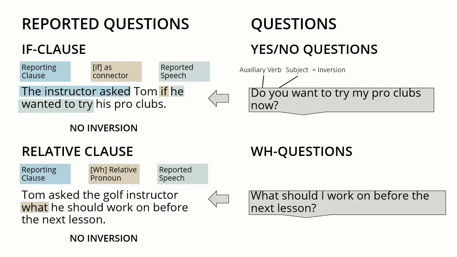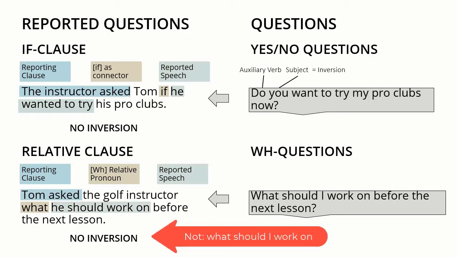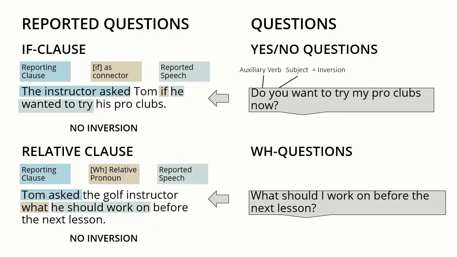So Tom asked the golf instructor, that's our reporting clause, what he should work on, not what should I work on, where we use the inversion. Here, after what, no inversion. What he, subject, should work as the verb form on for the next lesson as the object of those verbs. Right, and that does it for reported speech.